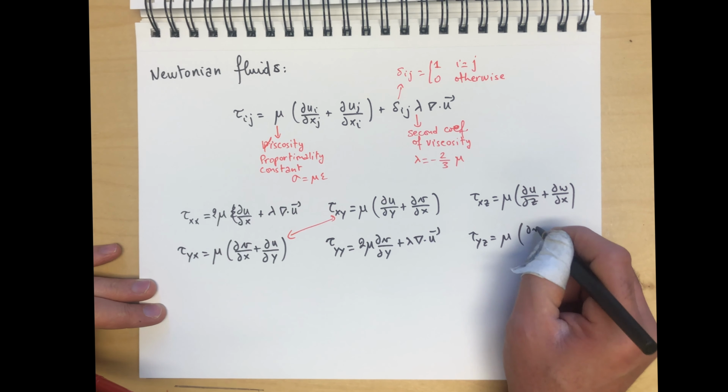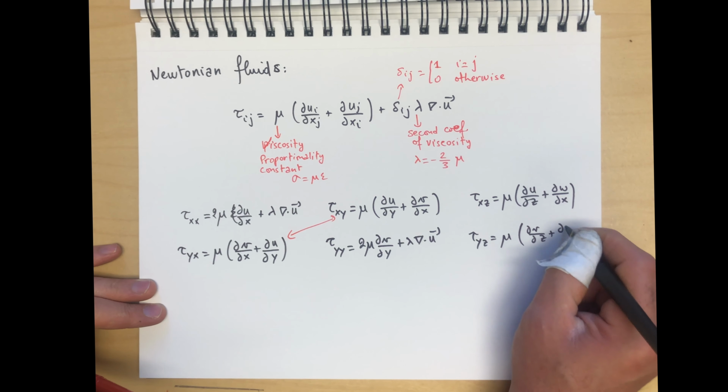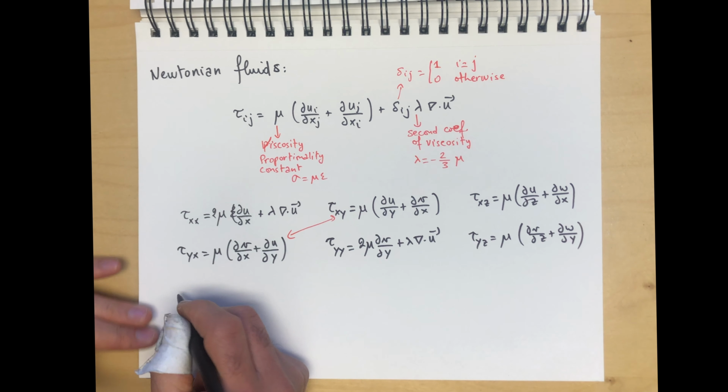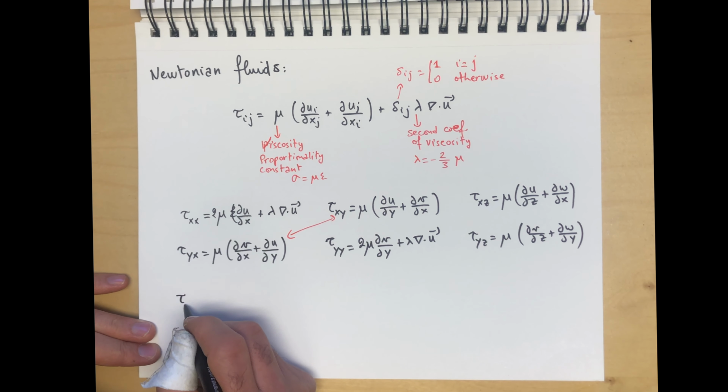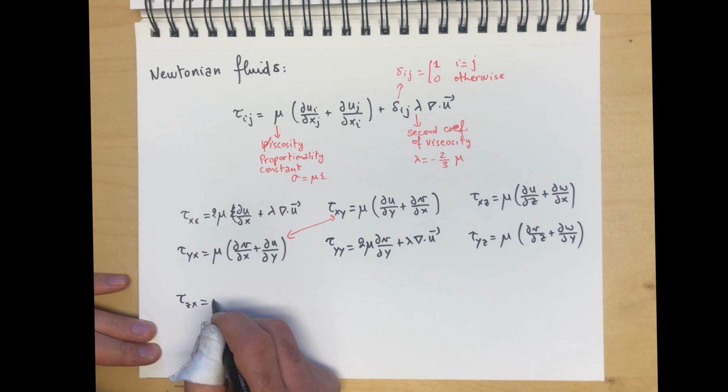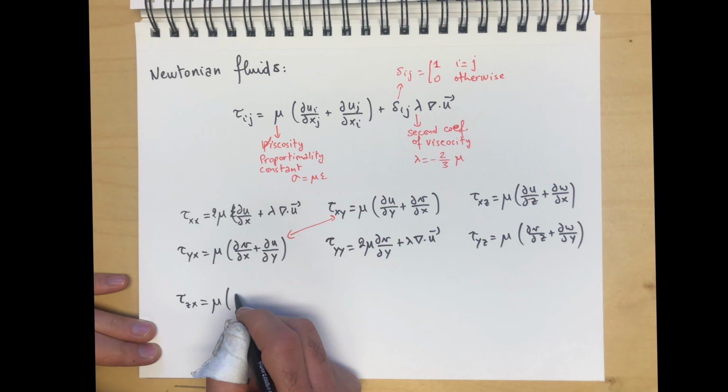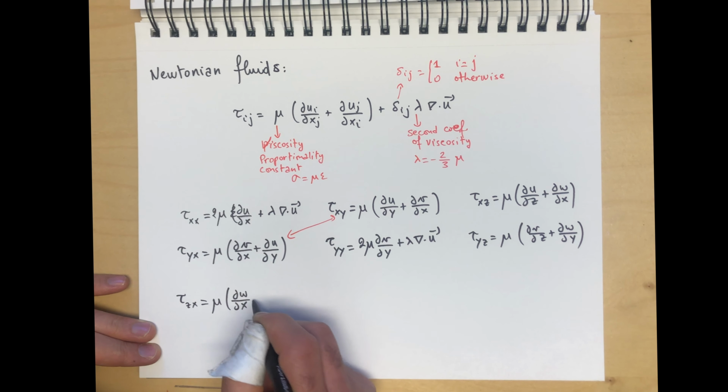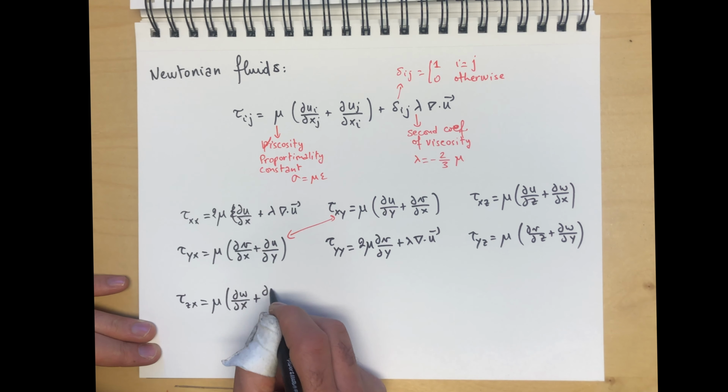and tau yz equal to mu (dv by dz plus dw by dy), and tau zx is equal to mu (dw by dx plus du by dz).